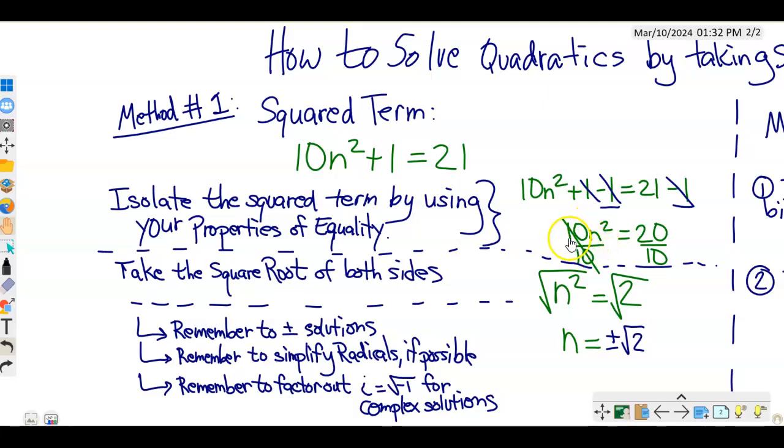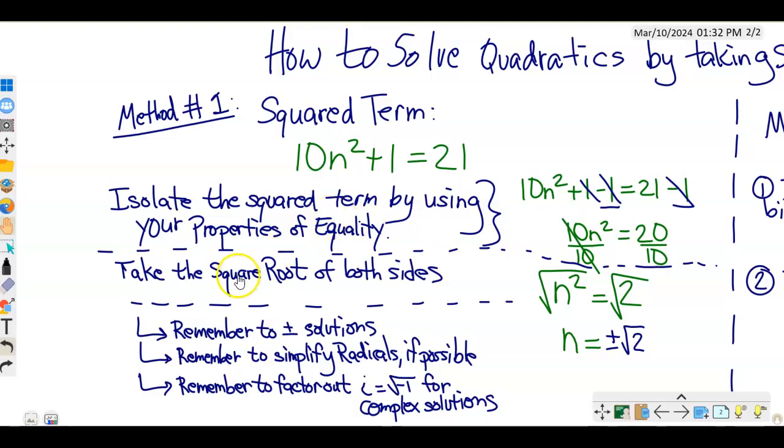So what undoes or reverses multiplication? Division. And because this is an equation, whatever I do to this side, I have to do to that side. Okay? So you can see that that's exactly what I did. I divided this side by 10 and I divided this side by 10.